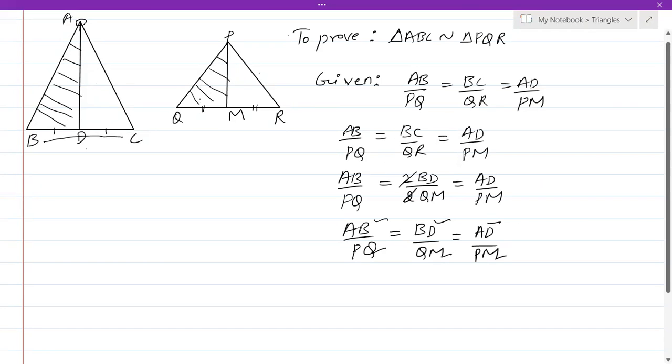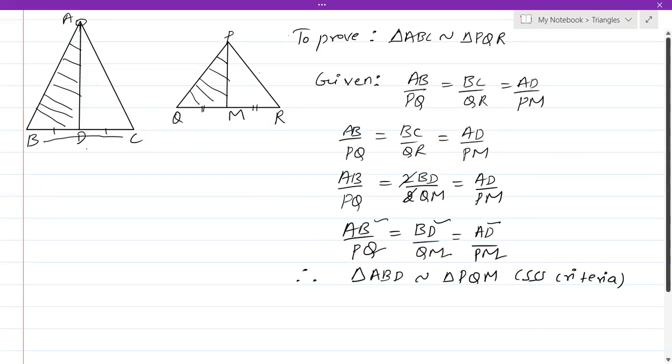Now, what we have done is, we have proved that 3 sides of the triangle ABD and 3 sides of the triangle PQM are in proportion. Therefore, from the above result, we can say that triangle ABD is similar to triangle PQM using SSS criteria.